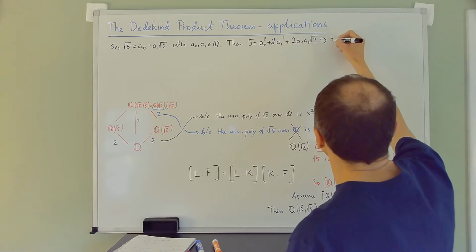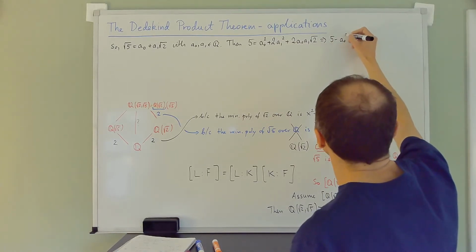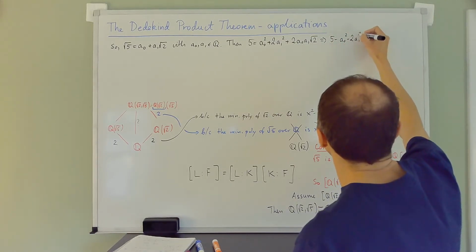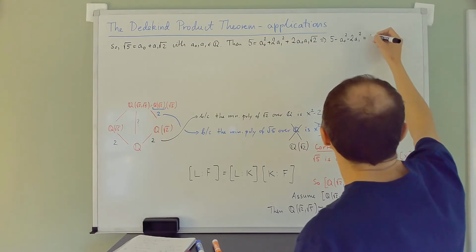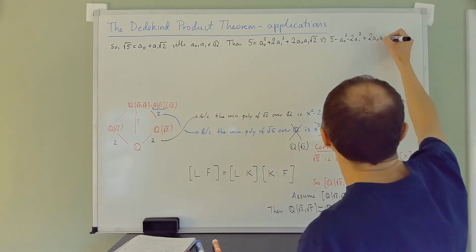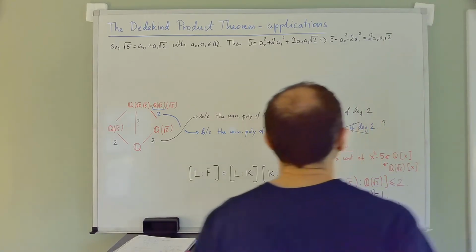From which I get that 5 minus a0 squared minus 2a1 squared is equal to 2a0 a1 radical 2.